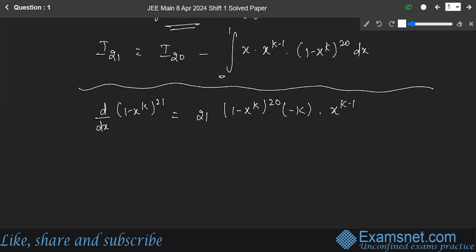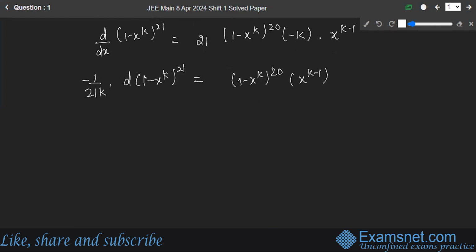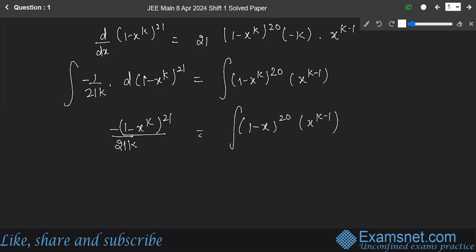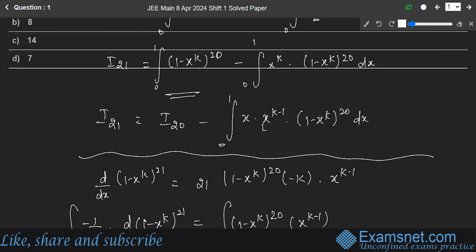Or I'll take this in the denominator, so this will be equal to (1 minus x raised to power k) raised to power 20 into x raised to power k minus 1. Taking integral on both the sides, this will be equal to minus 1 upon this into like this. This is the integral of (1 minus x power k) raised to power 20 into x power k minus 1. If I take this as the second function and this as the first function, it is something like this.